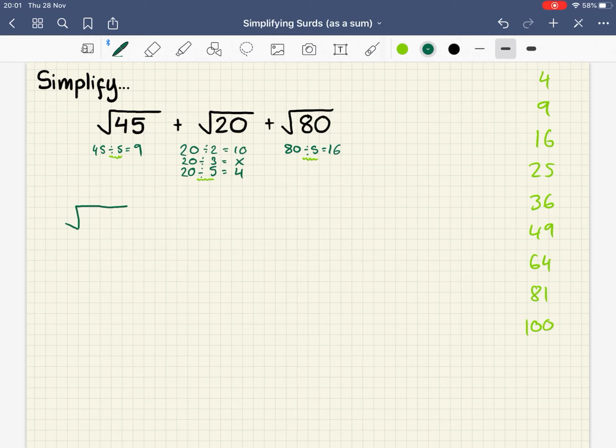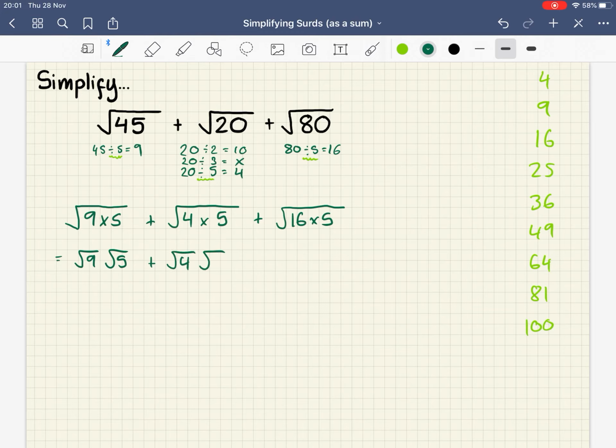So that's now going to be root 9 times 5 plus root 4 times 5 plus root 16 times 5. So that's going to be root 9, root 5 plus root 4, root 5 plus root 16, root 5.